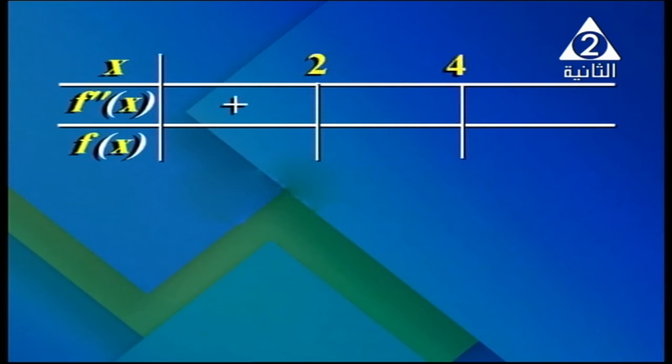In the first interval, for f double dash of x, we choose a number less than 2, such as 1, and we find f double dash of 1 is positive.